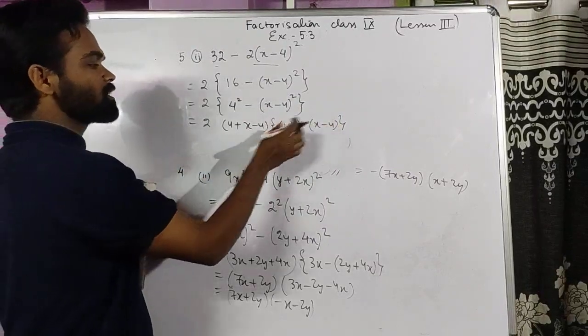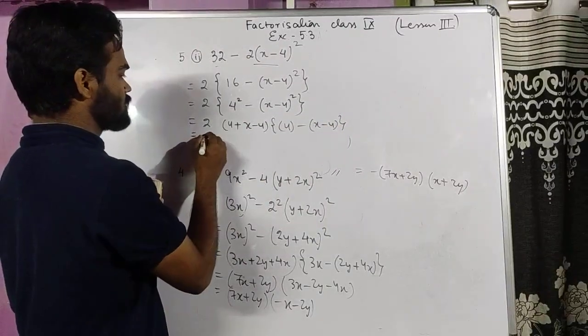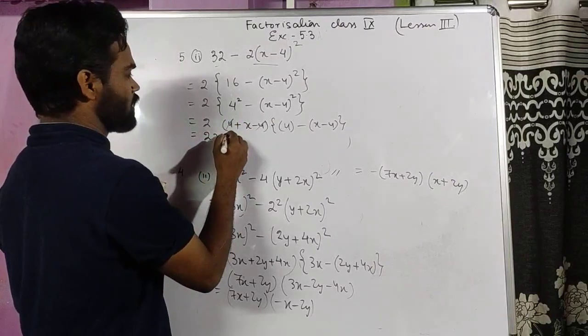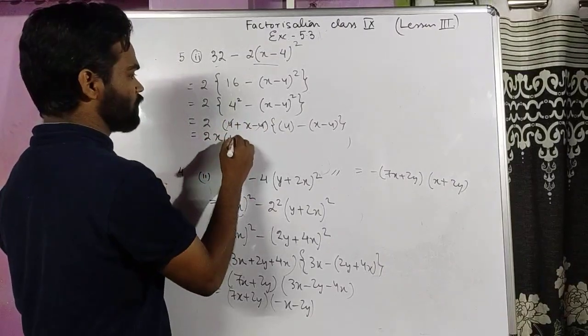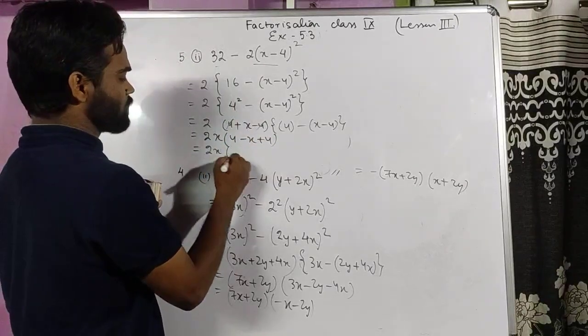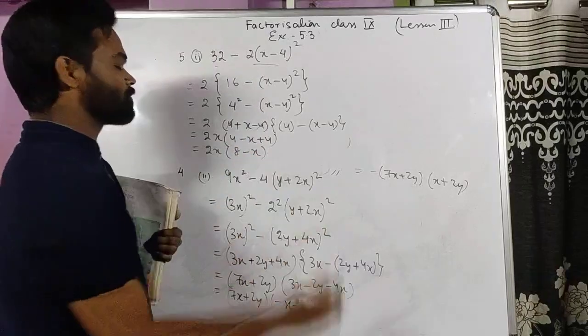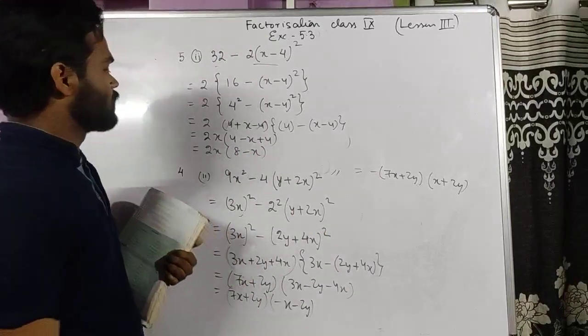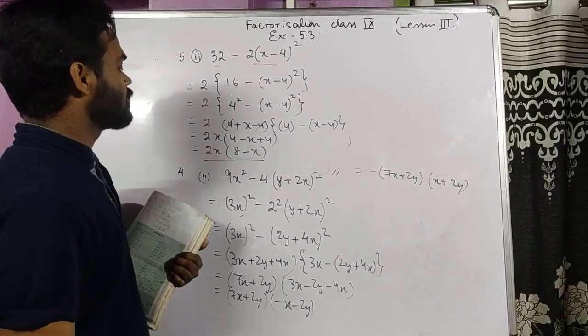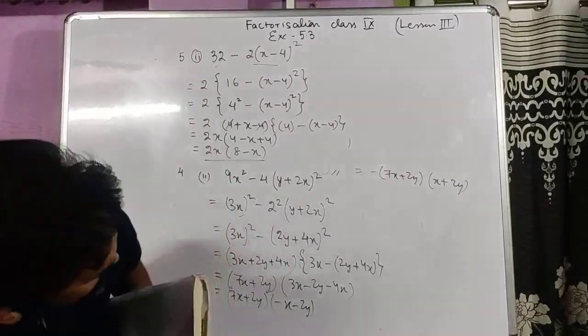That's why I used a second bracket over here. So that's 2, and this when you solve gets x, and this when you open the bracket, 4 minus x plus 4. So this becomes 2x, this becomes 8 minus x. So your factorized form is this: 2x bracket 8 minus x.